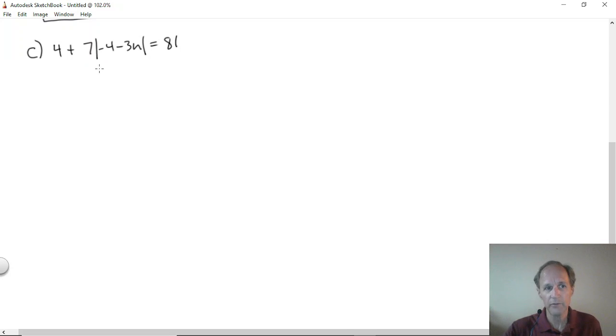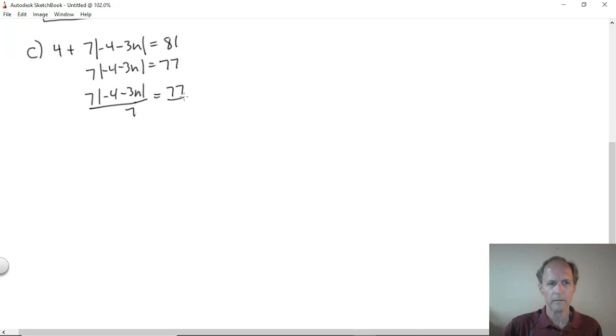So we'll subtract 4 from both sides first, and then, oh, made a mistake there, I have to actually subtract 4 from that side as well. Okay, subtracted 4 from both sides. Now I divide both sides by 7. All we did, we want to get rid of that 7, so we divided both sides by 7.